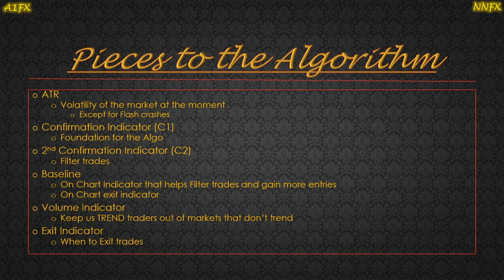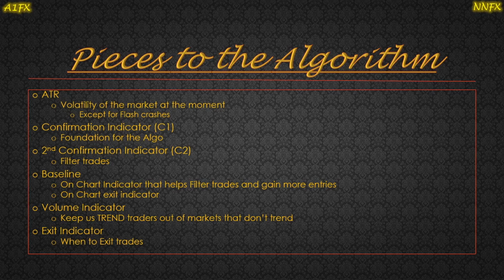Now the baseline is an on-chart indicator that helps you filter out trades and gain more entries. So it helps filter out more of the losses that the first confirmation made, because in No Nonsense Forex, we win by not losing. Say we have 3 trades. First trade we won 50 pips, second trade we lost 100 pips, third trade we made 50 pips.